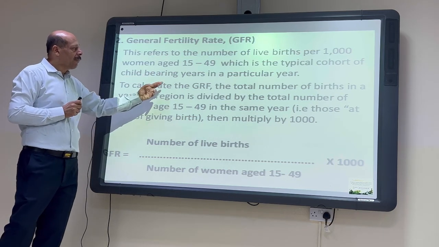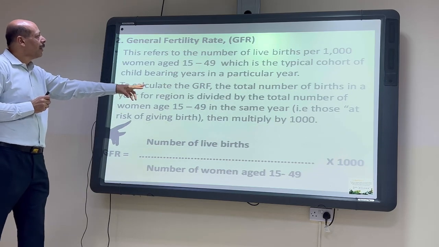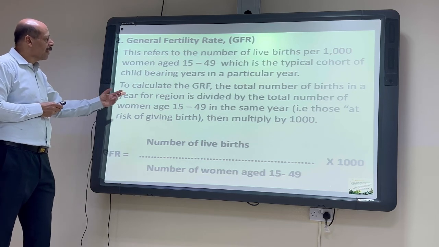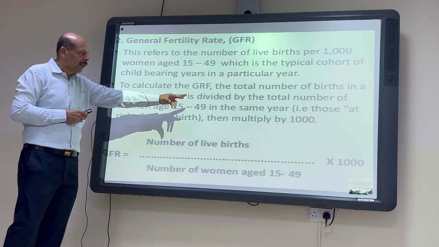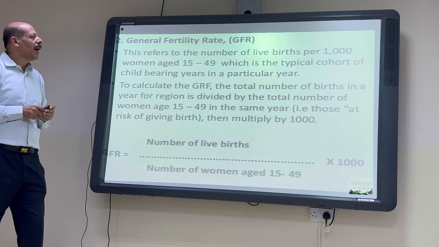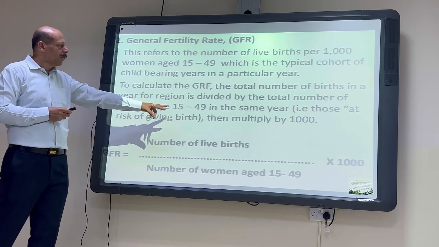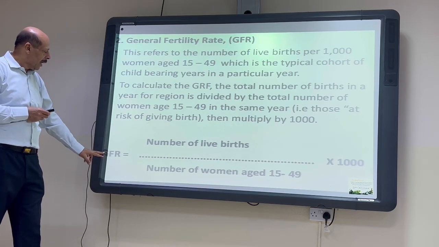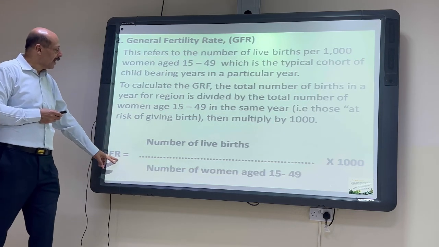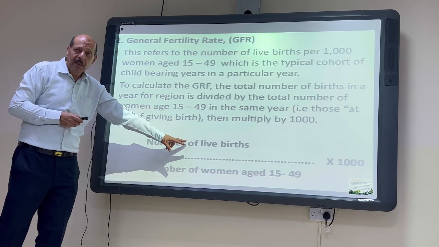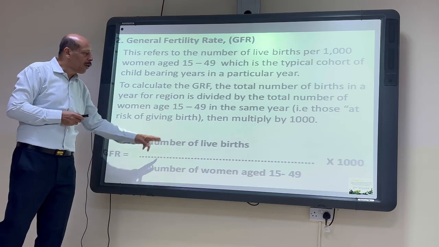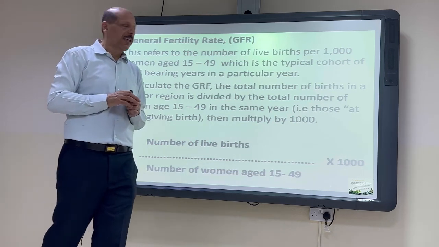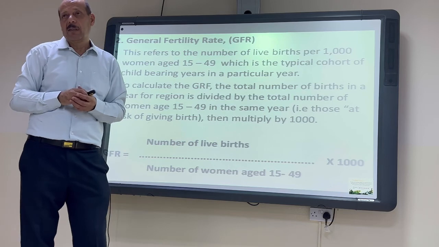The calculation of the general fertility rate: the total number of births in a year in a region is divided by the total number of women aged 15 to 49 in the same year. So the general fertility rate is the number of live births divided by the number of women aged 15 to 49, multiplied by 1,000.